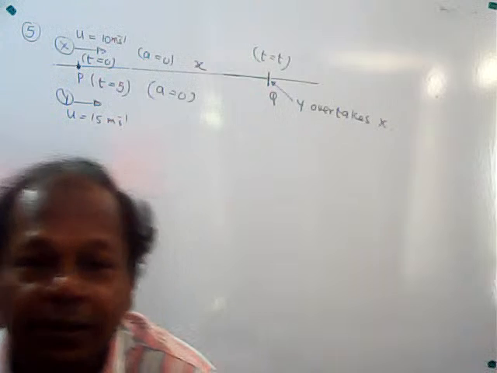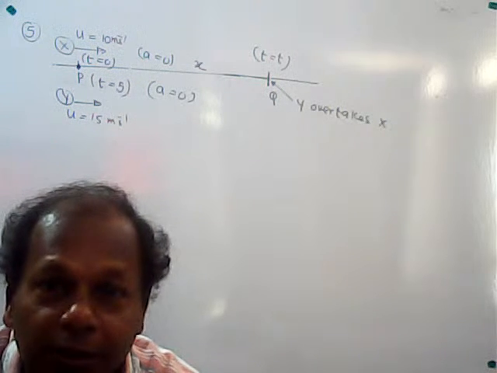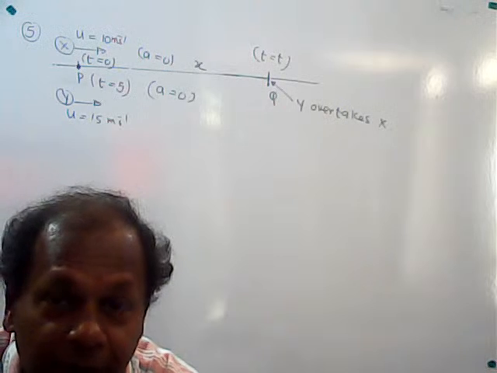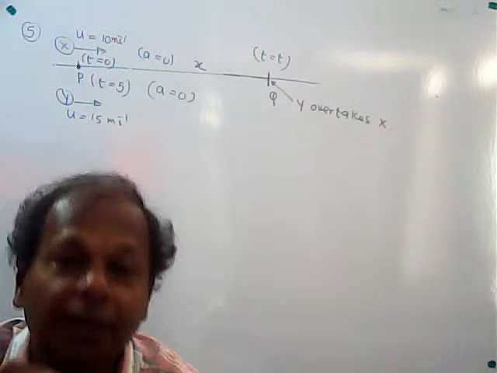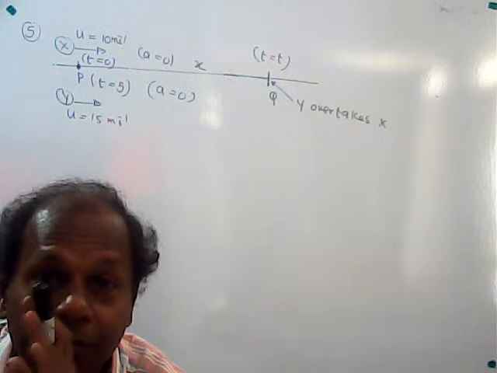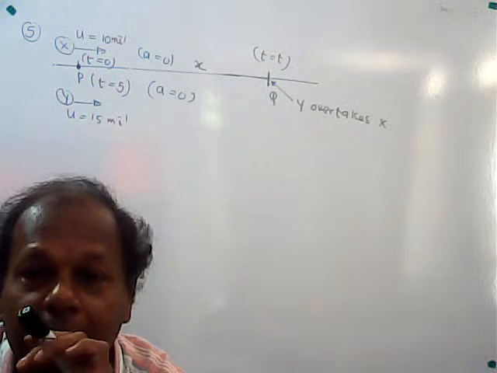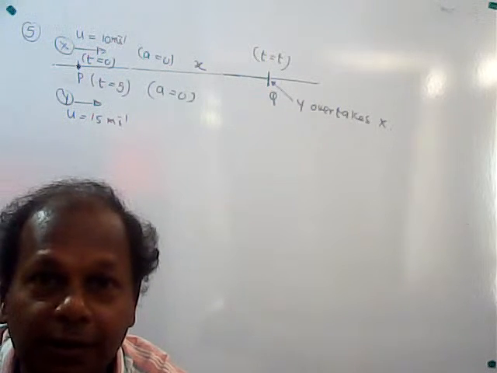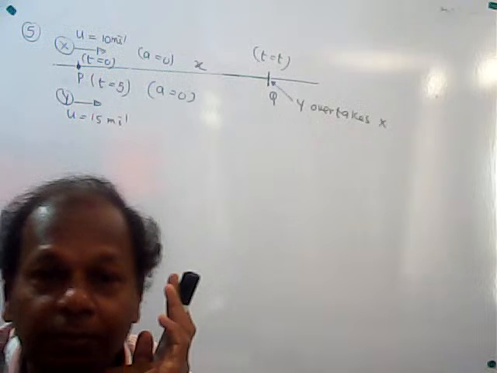I'm not asking about the time on your clock. I'm asking the time taken by them individually to travel from P to Q, the time interval.